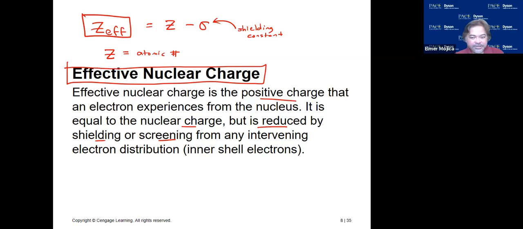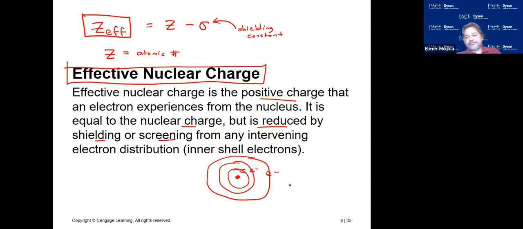Okay. So what happened? Let's say this is your nucleus. You have electrons here, and then you have what we call the outermost electron. How do you think the outermost electron interacts with the nucleus?